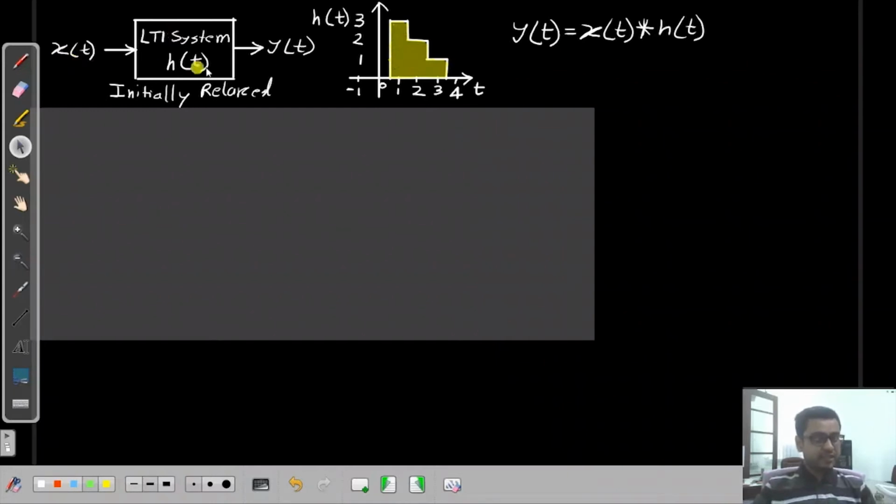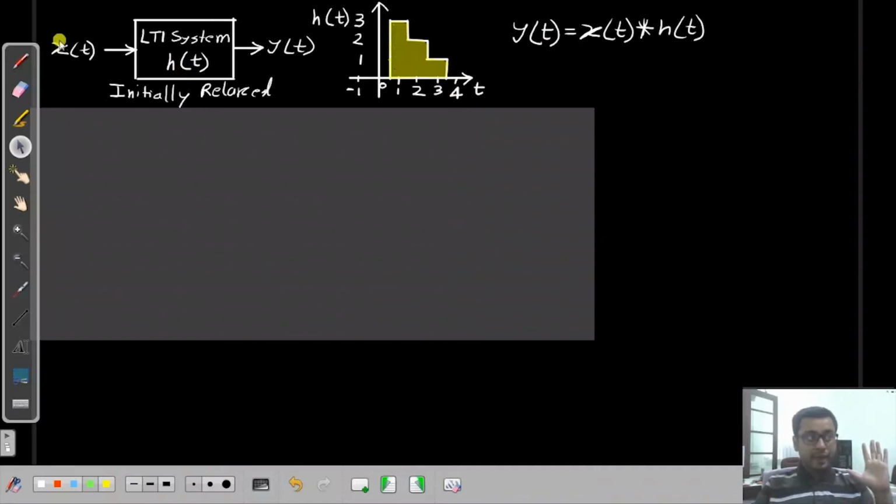Input X, output Y, and the impulse response of this system is denoted with h of t. Impulse response of an LTI system is its characteristic property, so that if you know how impulse response looks like, then you know everything about that system.